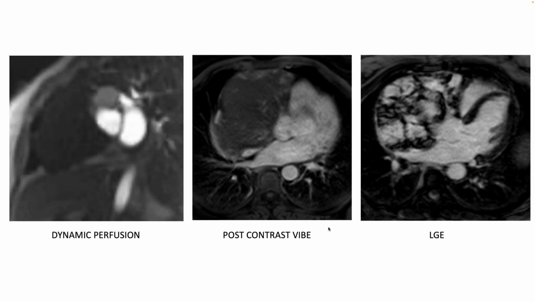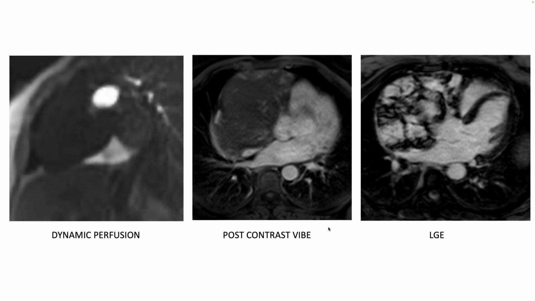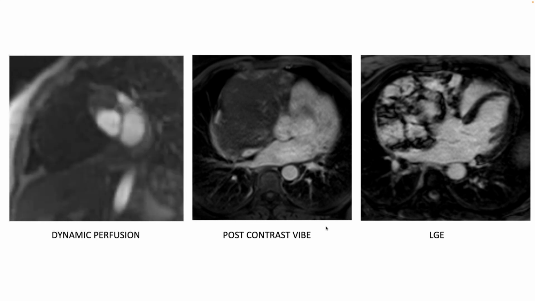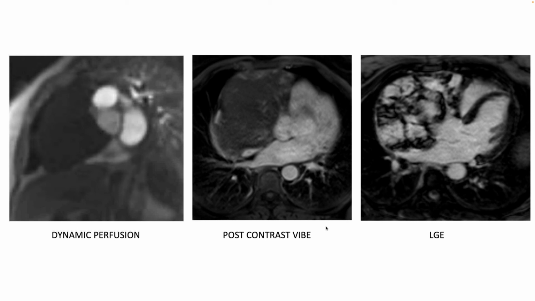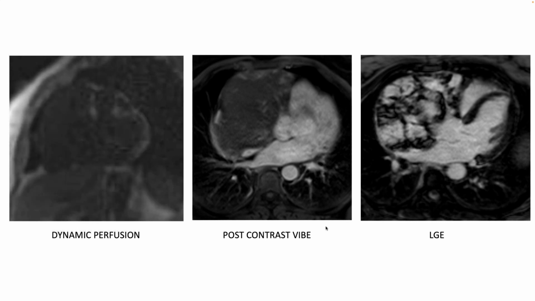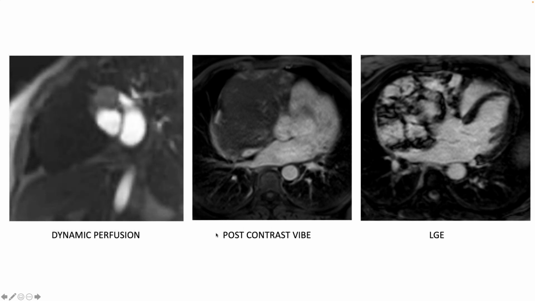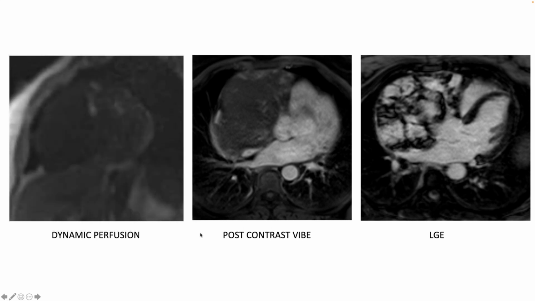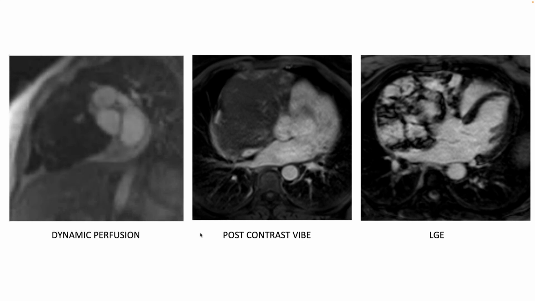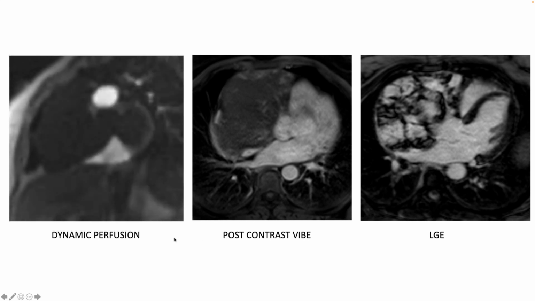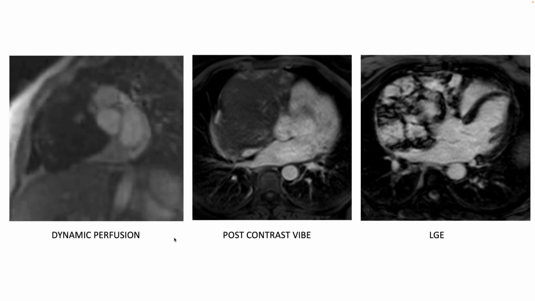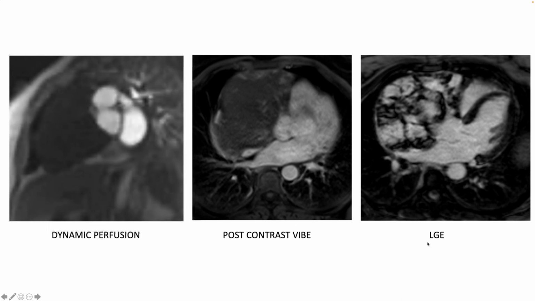Very homogeneous on these pre-contrast images, and then post-contrast you can see significant enhancement. So we usually do the short axis before contrast, and often the 4-chamber is done without contrast, and then we inject, and we keep on doing the cines. So this 3-chamber was actually done after the cines.